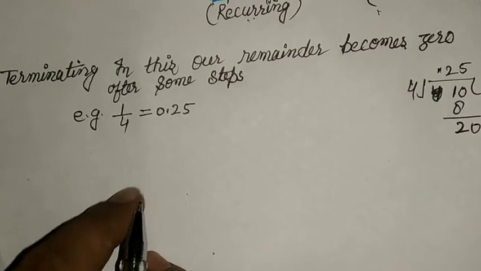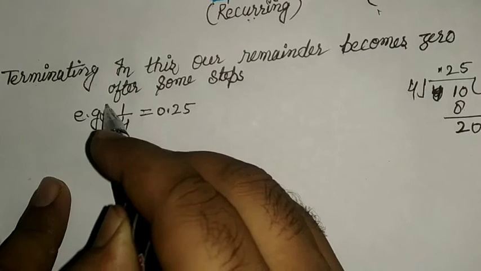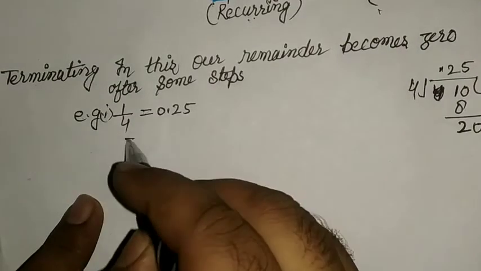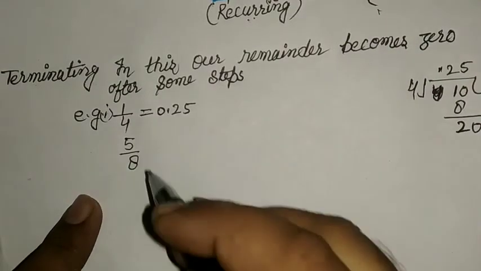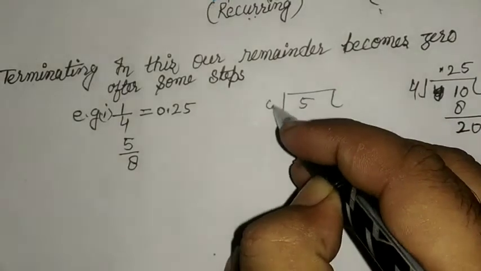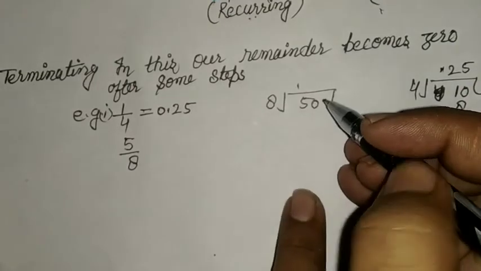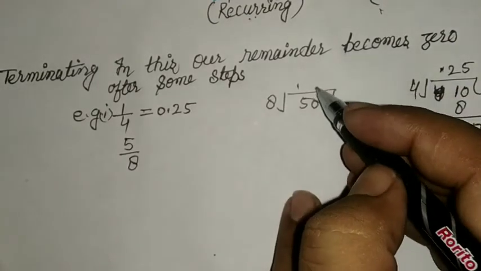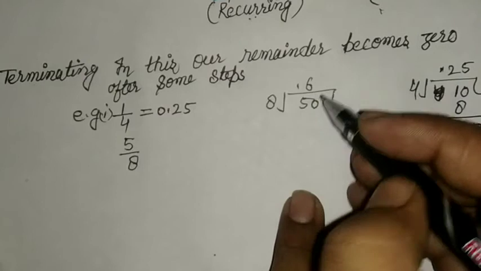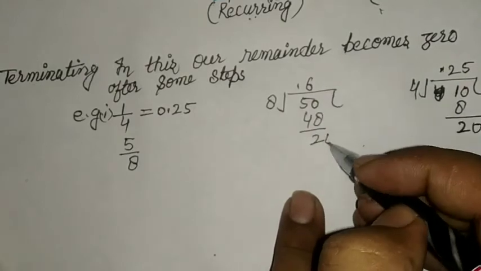Next, let's take another example, 5/8. Again we divide 5 by 8. We put a decimal here and take a 0. 8 sixes are 48, we get 2 here. Again we put 0.